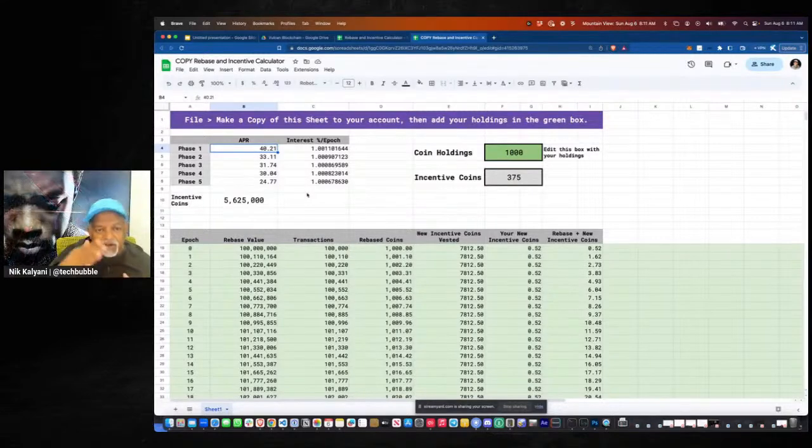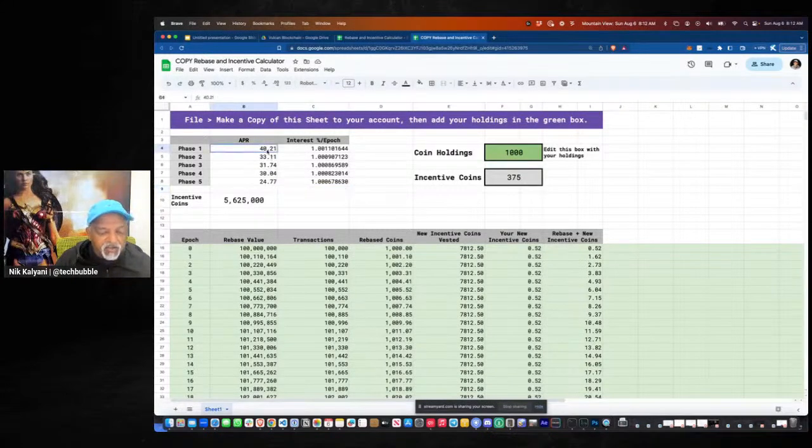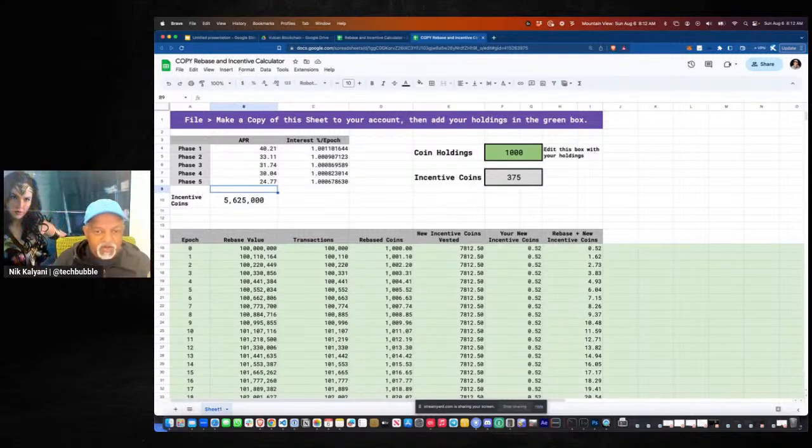So we are compounding a base balance, the balance in your account, by a period over time. You can see here that the compounding decreases over time. So it starts off pretty high, but then it goes lower and lower and lower. And the reason for that is because what we want is a model in which rebasing rewards the earliest participants, which is you.